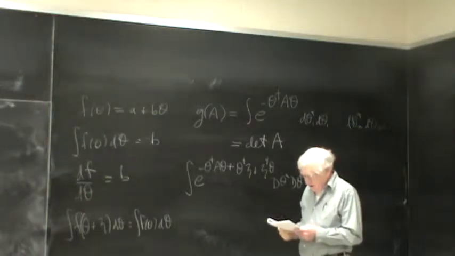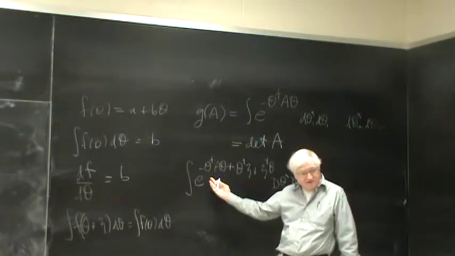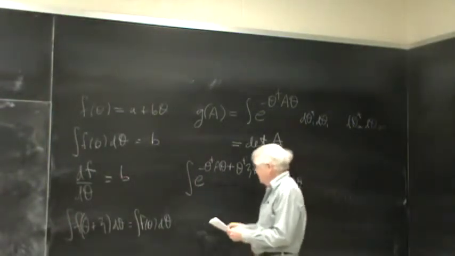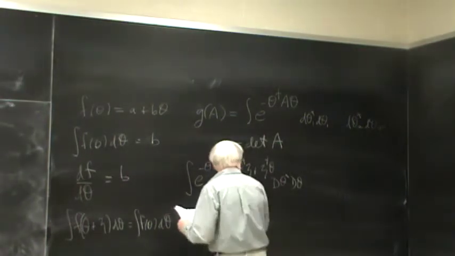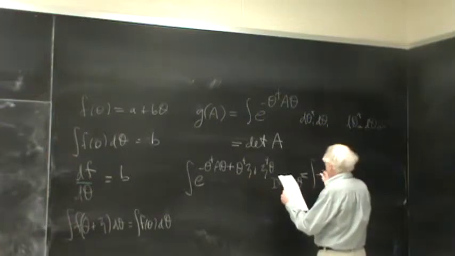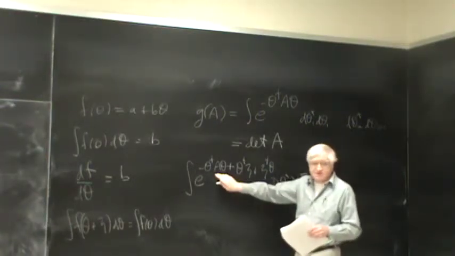Now, here's what we can do. Since this thing is invariant under displacements by theta, we can say that this is the same thing as e to the minus theta dagger A theta. A, of course, is a matrix.